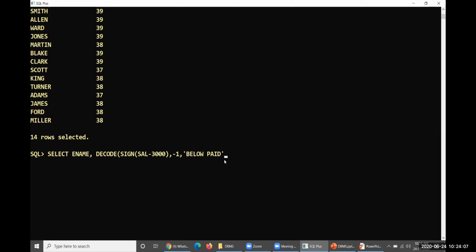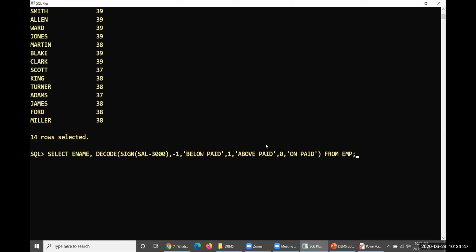If it is positive 1, comma, you could say above paid. That is the first condition and its value, then the second condition and its value. If both are not satisfied, then obviously it is 0. If you want to write 0, there is no problem. If you want to go for default, there is no problem. Both will be okay. Let me go ahead with 0. If 0, then on paid.